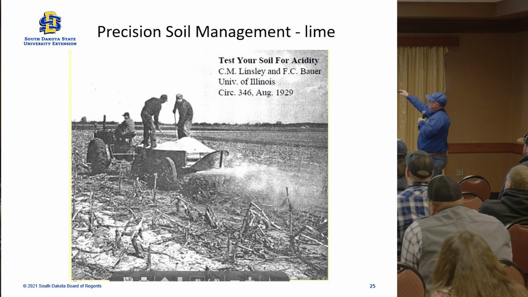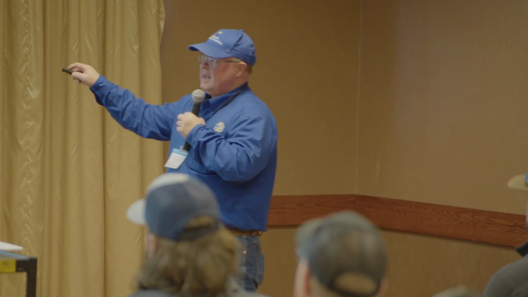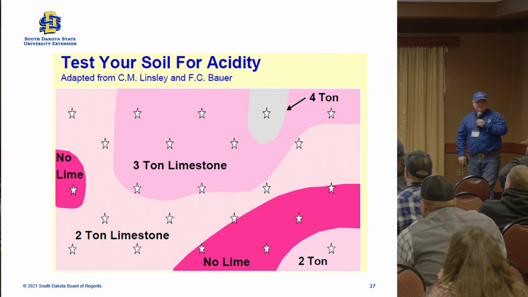This is 1929 from Illinois. Lindsay there is the author. These guys are shoveling lime into a broadcast applicator, and they already knew that they needed to apply some lime in 1929. This is the first example of precision ag I've ever seen because they followed this map right there.